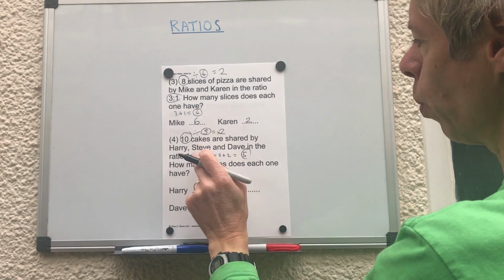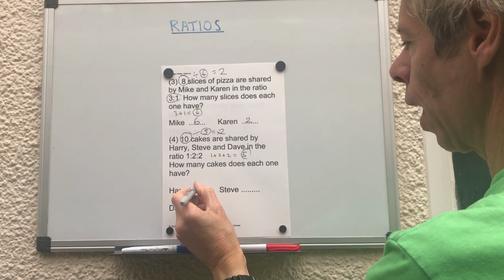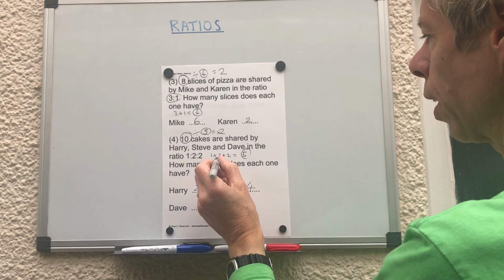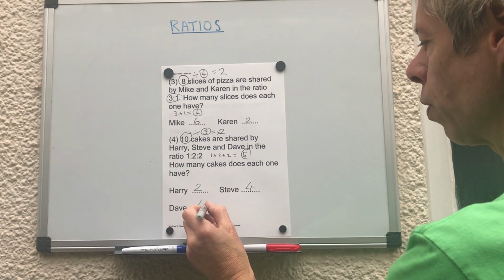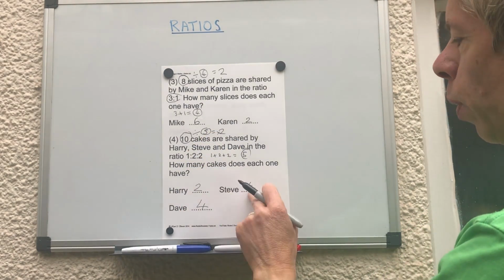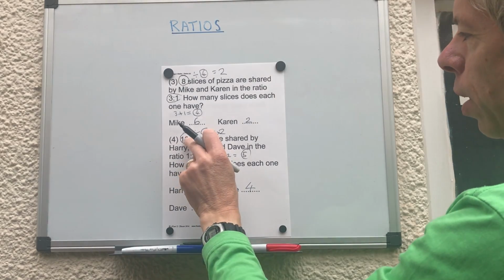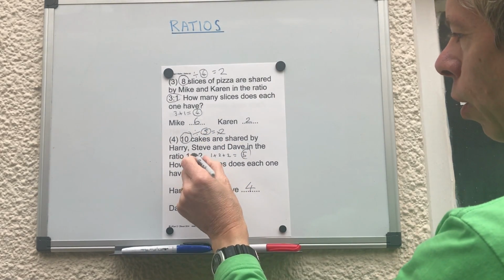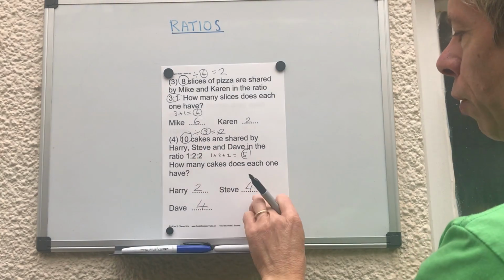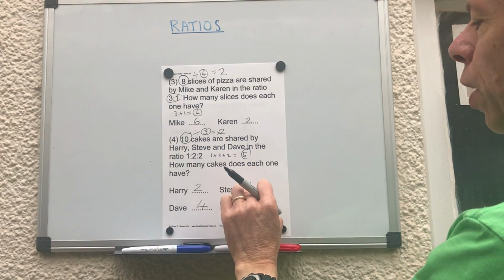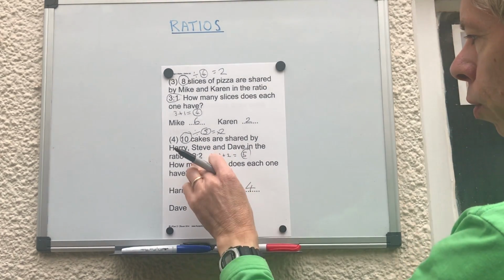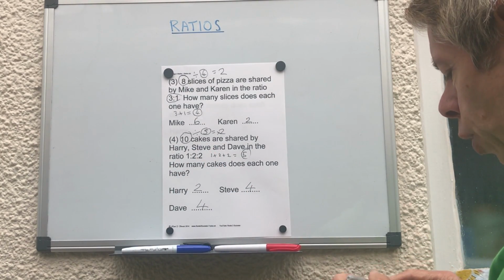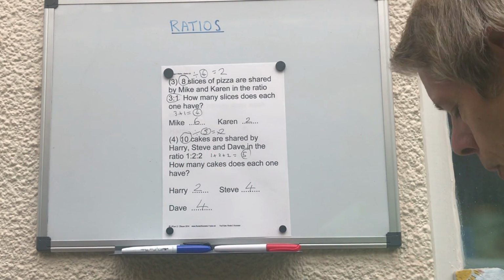So we go 2 times 1, so Harry has 2 cakes. 2 times 2, Steve has 4 cakes. 2 times 2, Dave has 4 cakes. Add them all up, 2 plus 4 plus 4 is 10. That's the same number. You can also check out the ratio. Steve and Dave should have the same, which they do, and they should have twice as much as Harry. 2 times 1 is 2, 2 times 2 is 4. So that's perfect, that's worked out really well.